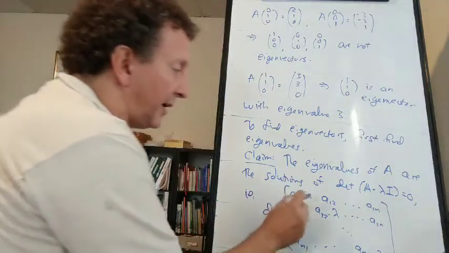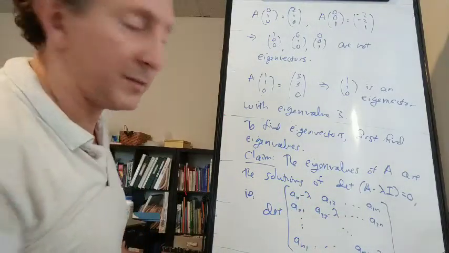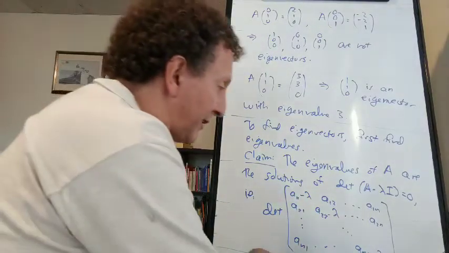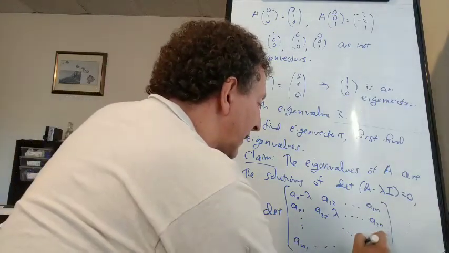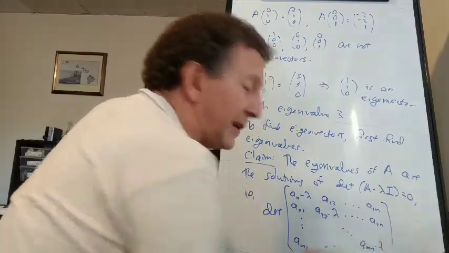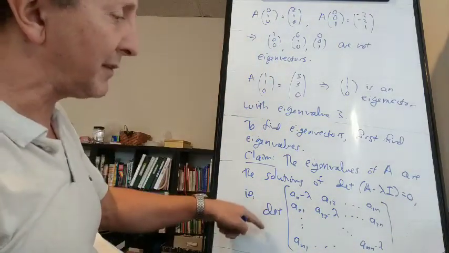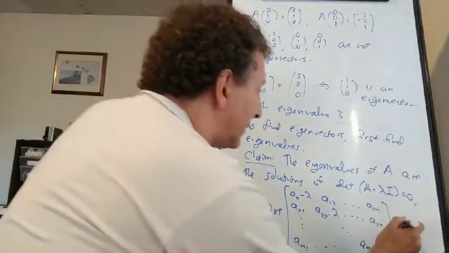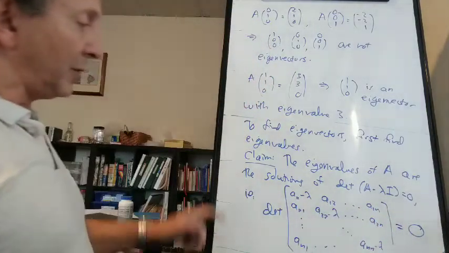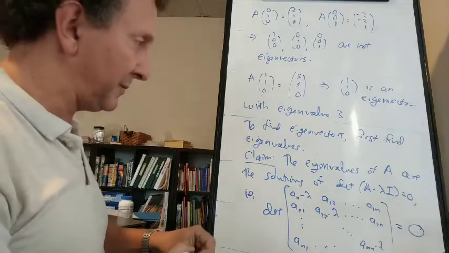So just take A and subtract lambda, subtract lambda, subtract lambda everywhere on the diagonal. I'm sorry, I went off the end a little bit, and that last entry is ANN minus lambda. So the only difference between this and A is the diagonal, where we subtract lambda from each of the entries in the diagonal. So we set determinant of that matrix equal to 0 and solve for lambda.